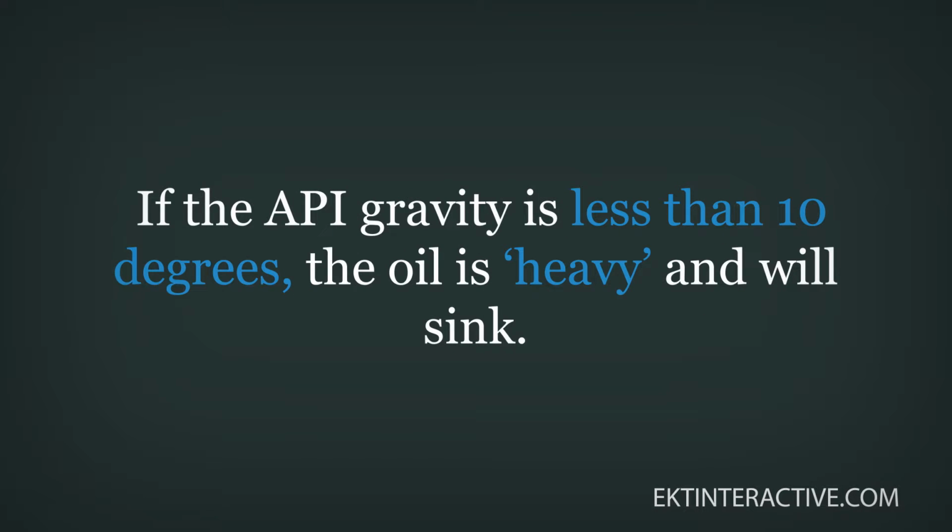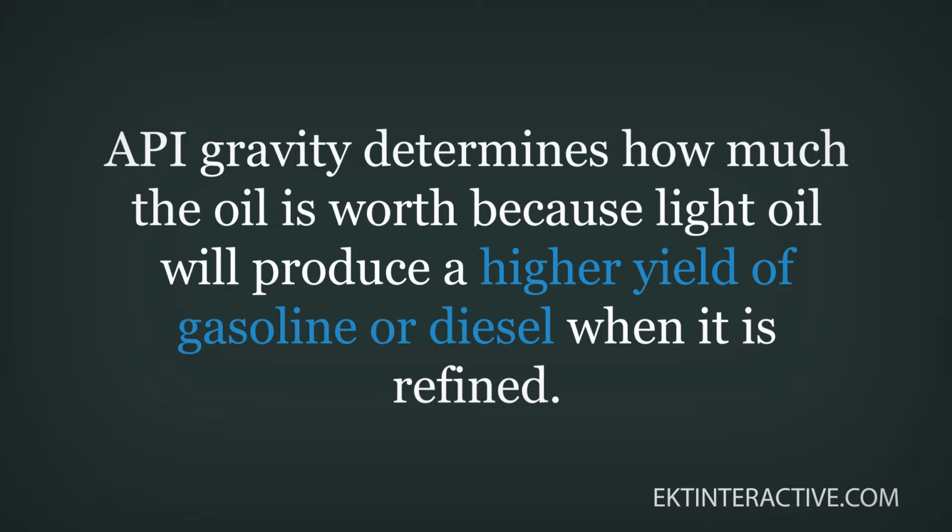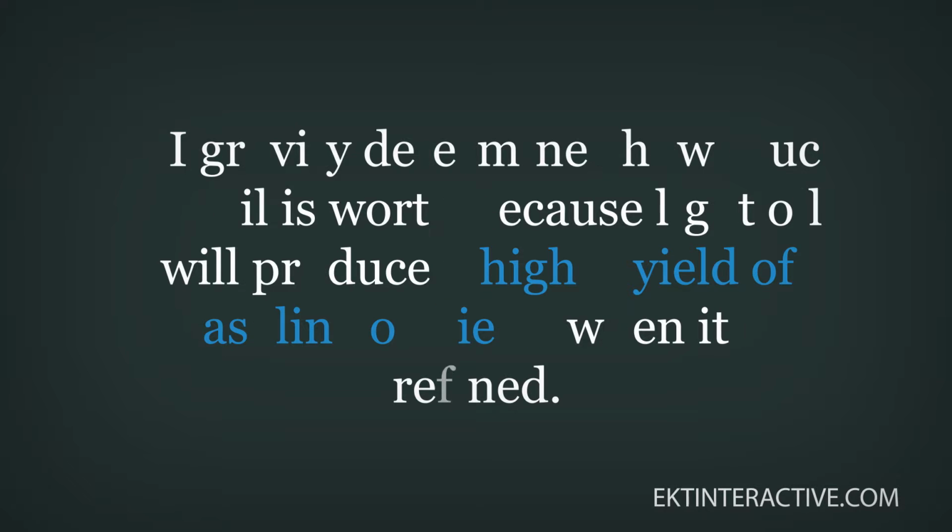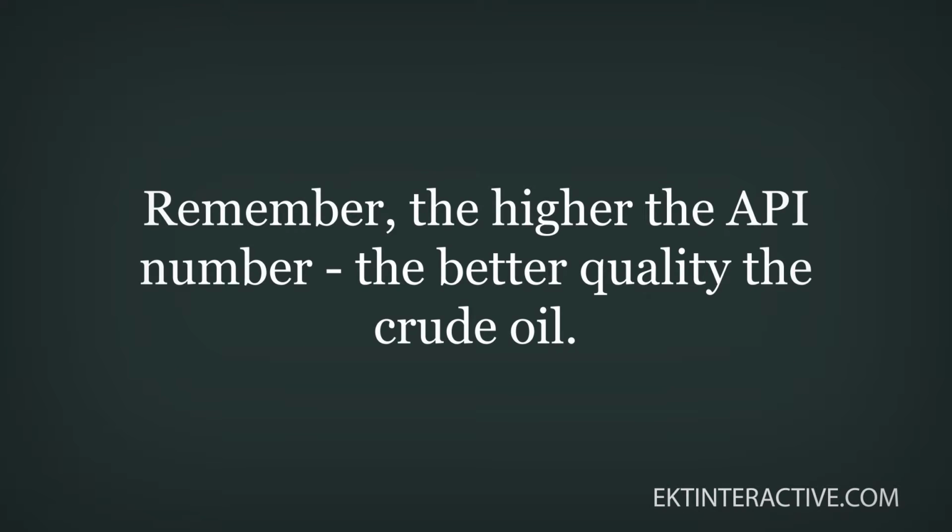If the API gravity is less than 10 degrees, the oil is considered heavy and will sink. API gravity determines how much the oil is worth because light oil will produce a higher yield of gasoline or diesel when it is refined. And remember, the higher the API number, the better the quality of crude oil.